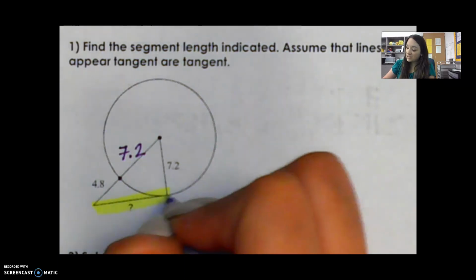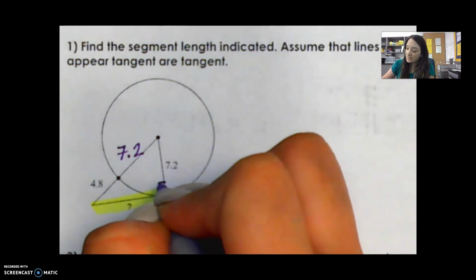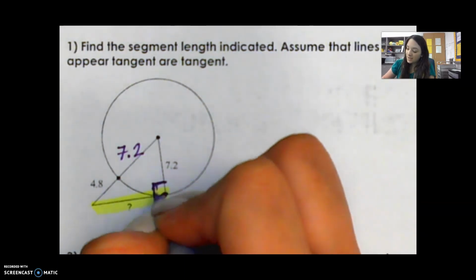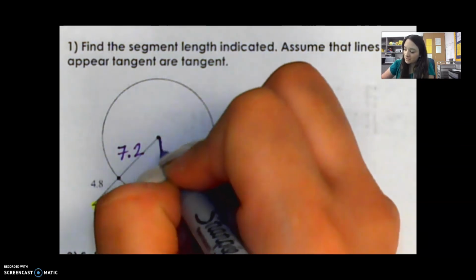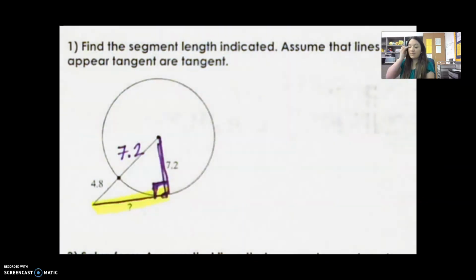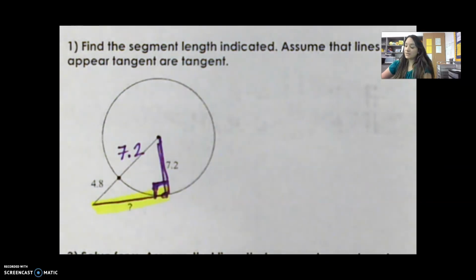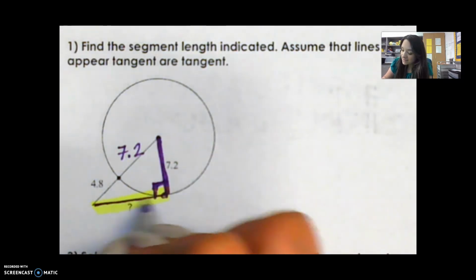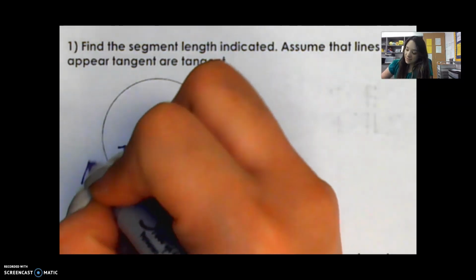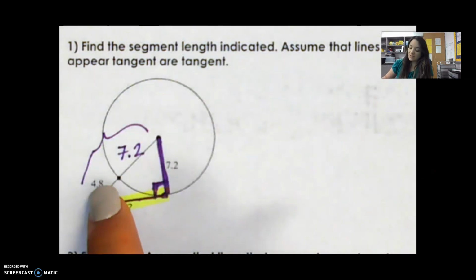I know that tangent lines make a perpendicular angle, a 90-degree angle with the radius, so that is a right triangle right here. Now remember, when we have right triangles, we can use Pythagorean theorem to figure out the missing side length. So over here's my hypotenuse. I have to do a little bit of addition.